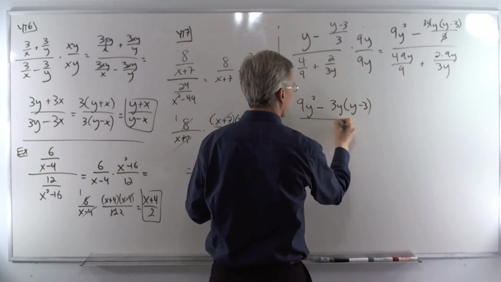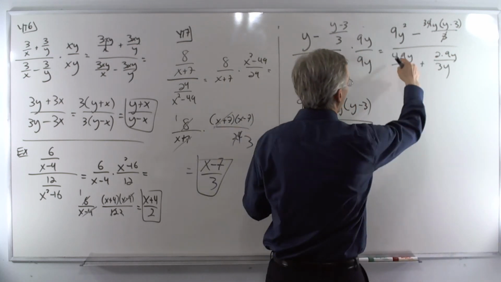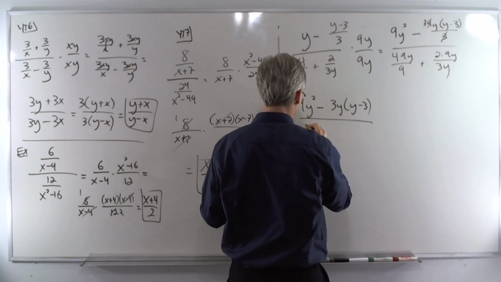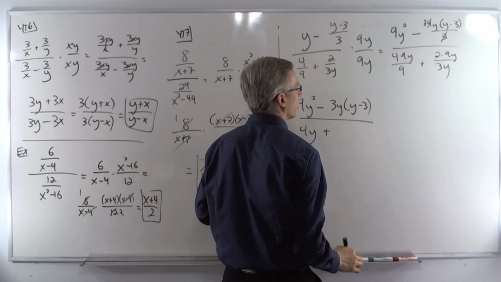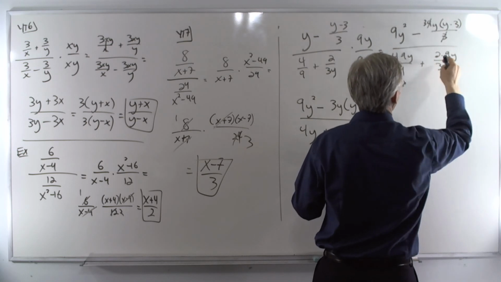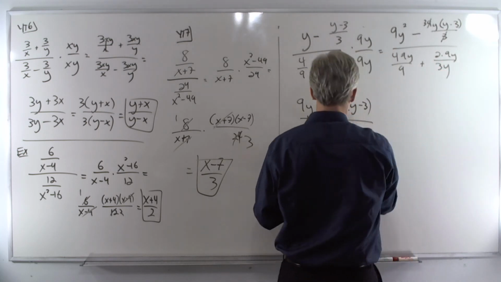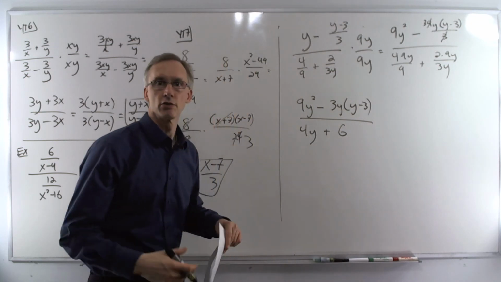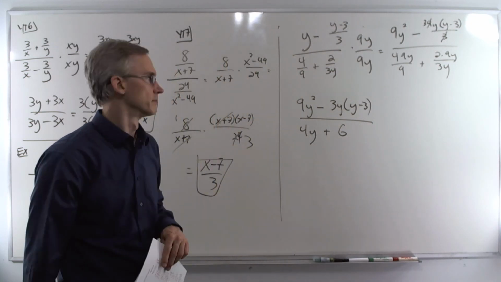So fractions are gone up top. And then here the 9's cancel, leaving 4y. And over here, the y's cancel. 9 divided by 3 is 3, times 2 is 6. So just like that, all the fractions disappear.